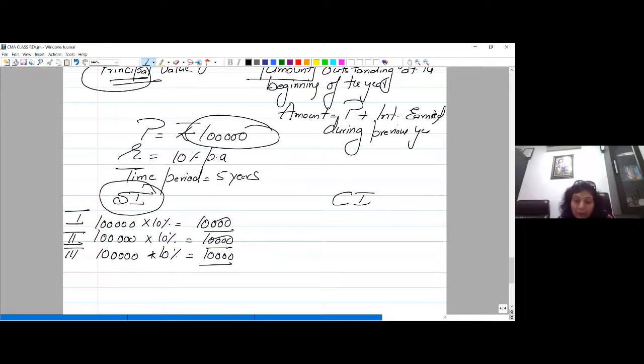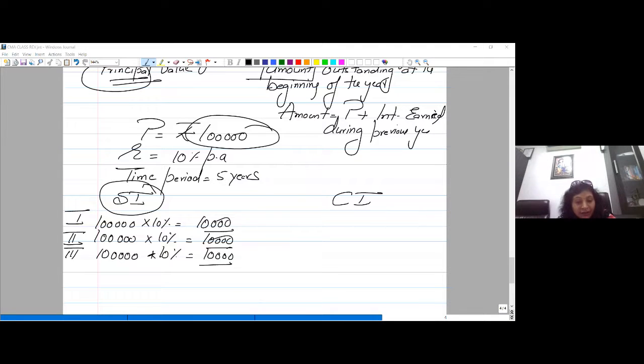But when we talk about compound interest, we charge interest on amount outstanding at the beginning of the year. Whatever the amount is outstanding at the beginning, we find out interest on that.